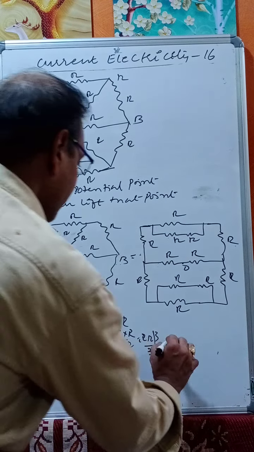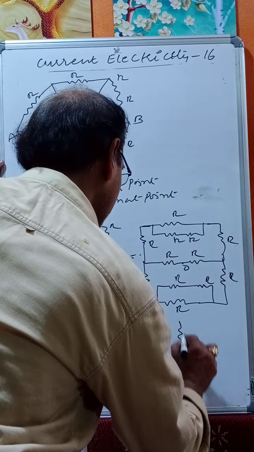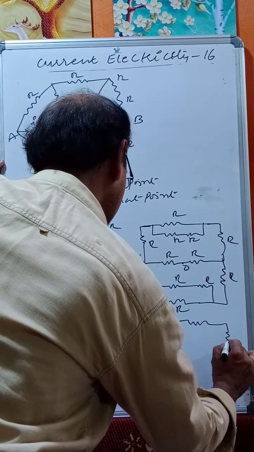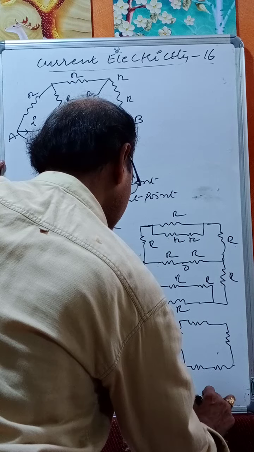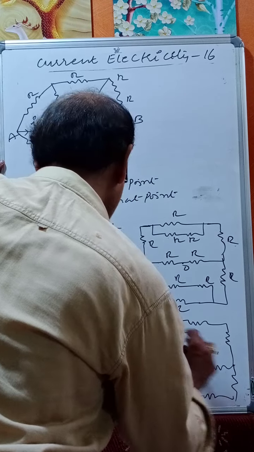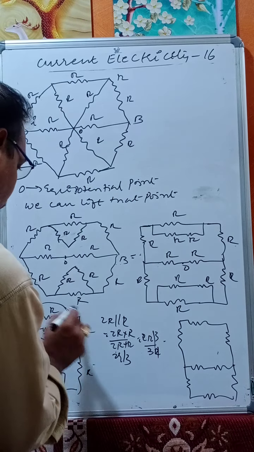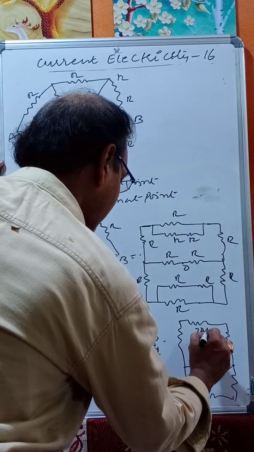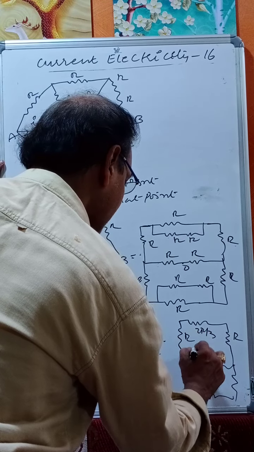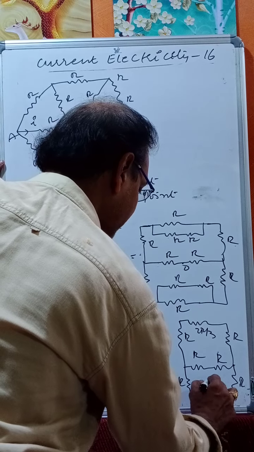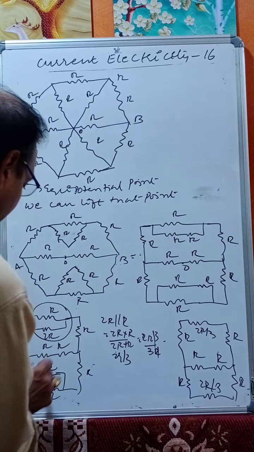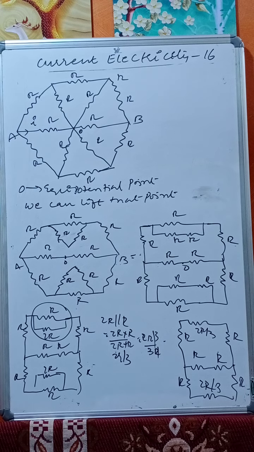Now this will be equivalent to, this effect is 2R by 3. This is R, this is R, this is R. This is 2R by 3, and below also 2R by 3. Now how will this be?